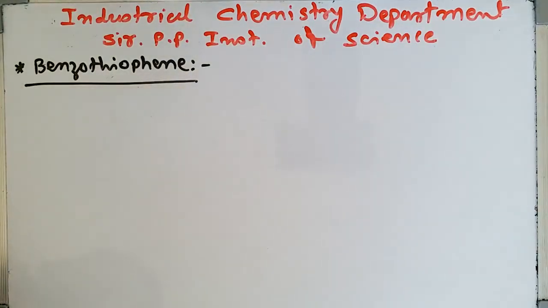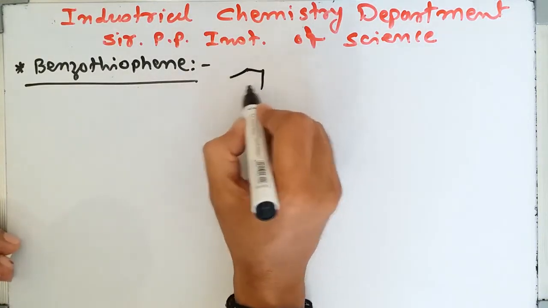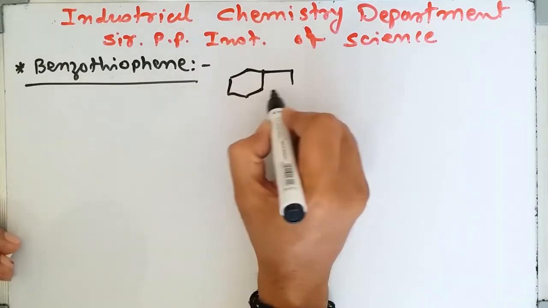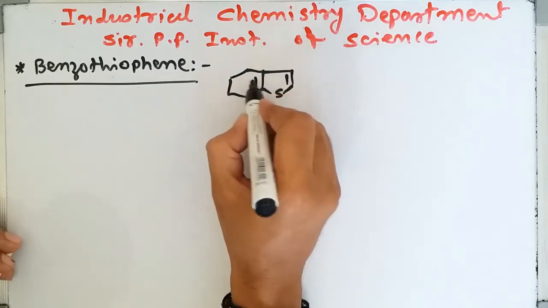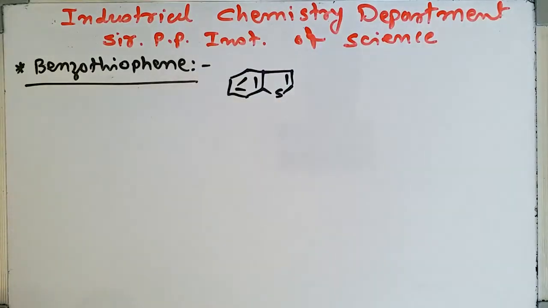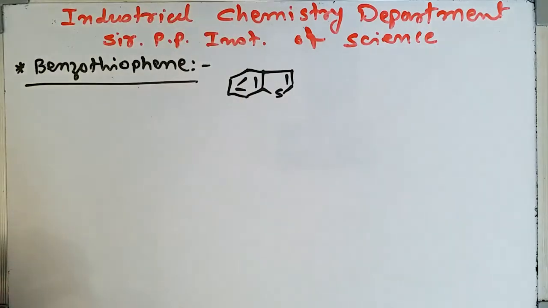So thiophene is condensed with benzene. That is benzothiophene, and the structure is written like this. Thiophene is only 5-member. This is thiophene, and when it is condensed with benzene, it is known as benzothiophene.